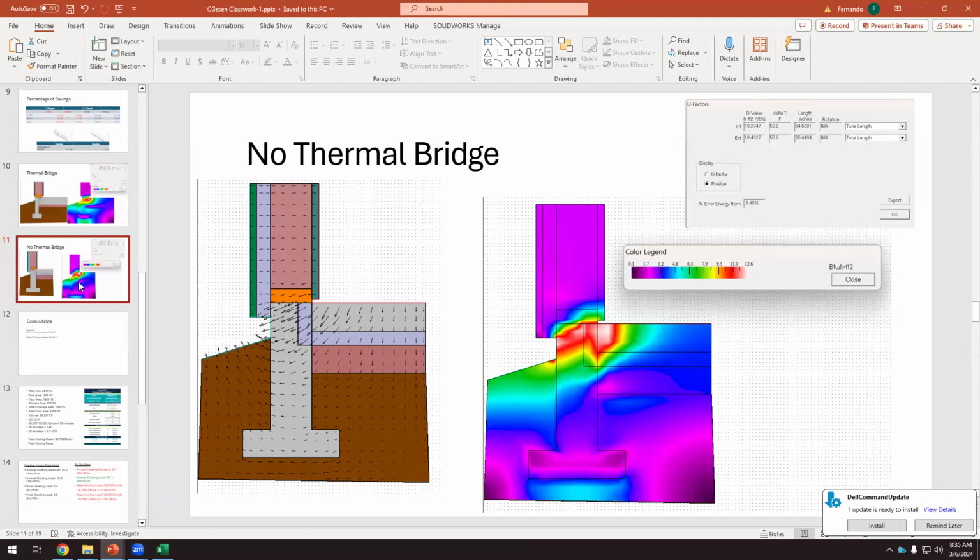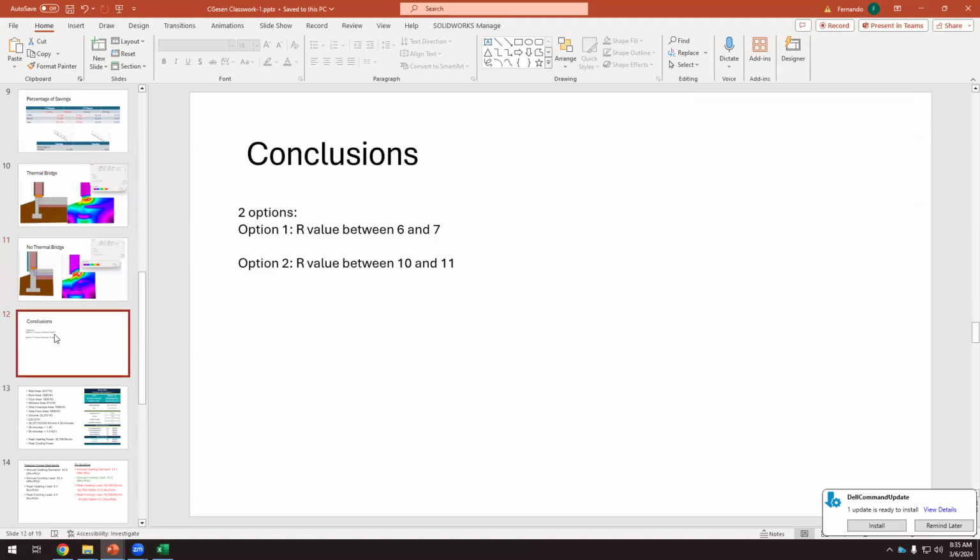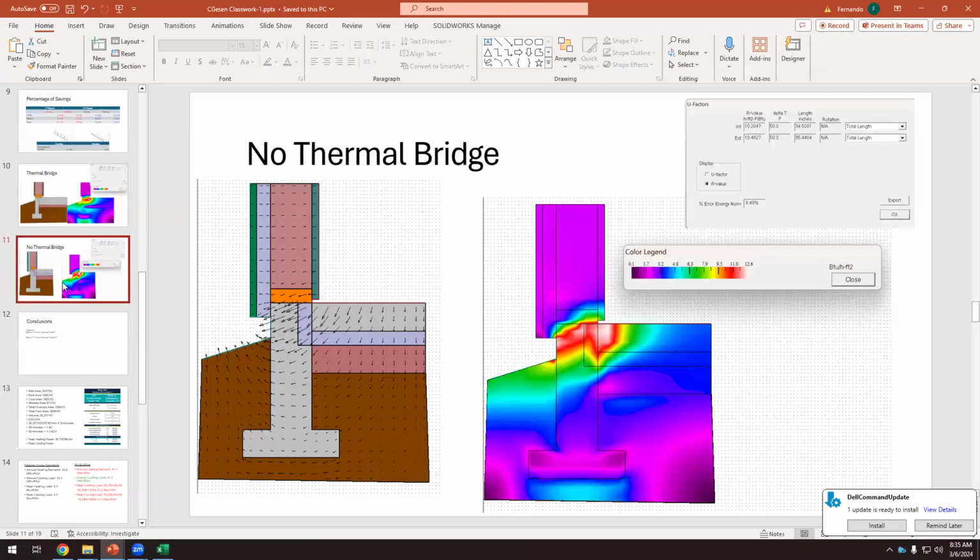So maybe I should have more thermal insulation there, or I should move this downwards, or I can increase the thermal insulation. It's getting better, but it's not quite good yet. I think we should be adding more thermal insulation in this detail.